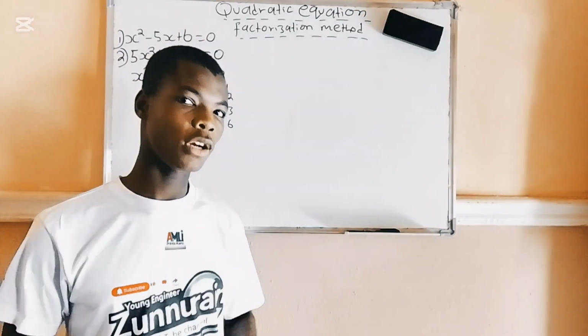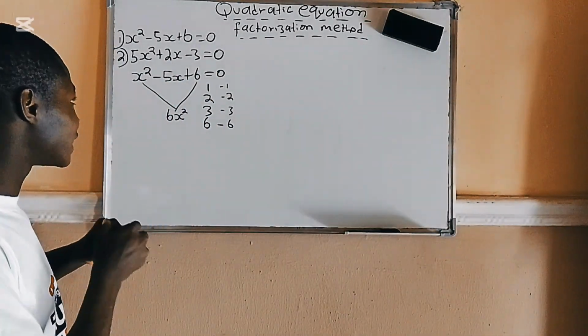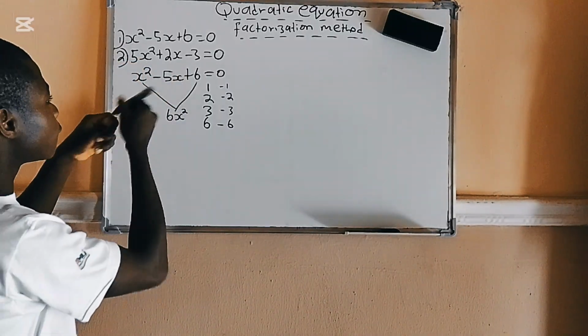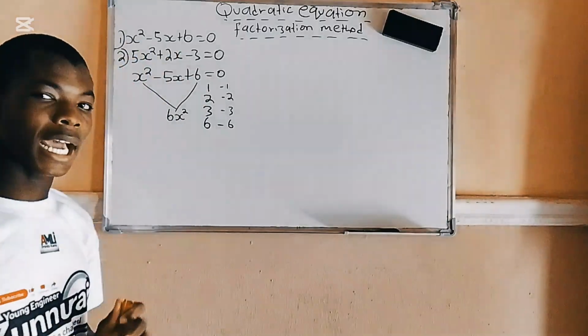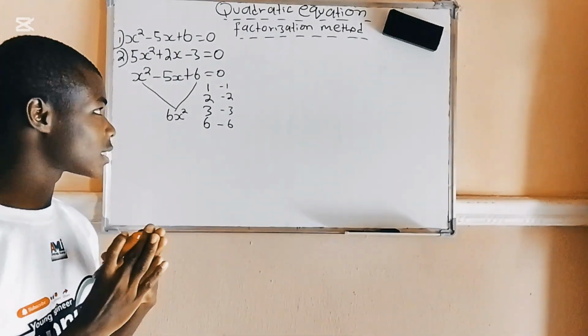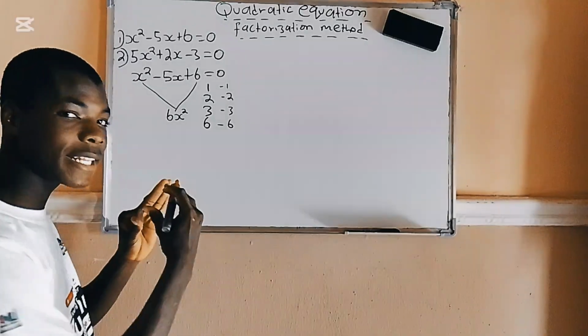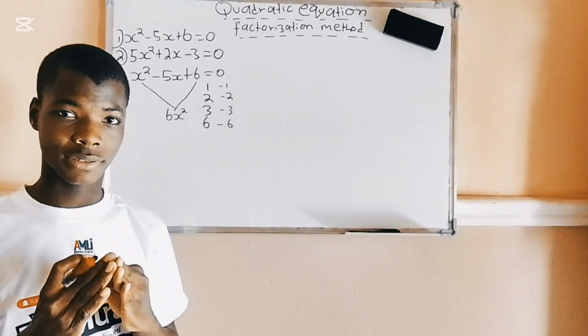So cool your mind. In this minus 5, I will look for the numbers in the center such that if I add the numbers, I will get negative 5, and if I multiply the numbers, I will get the value of 6x squared.